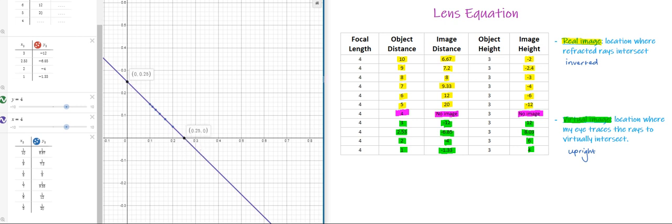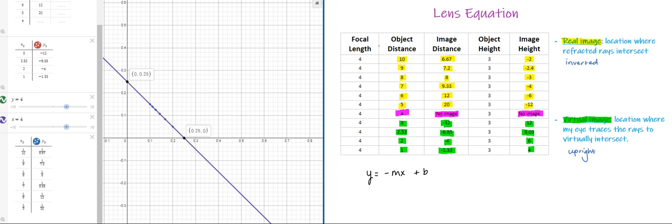So if I go ahead now and try to come up with an equation that would make up this lens equation, we know this graph is in the form of y equals negative mx plus b. But I'm going to change the y and the x to be representative of what we actually graphed.